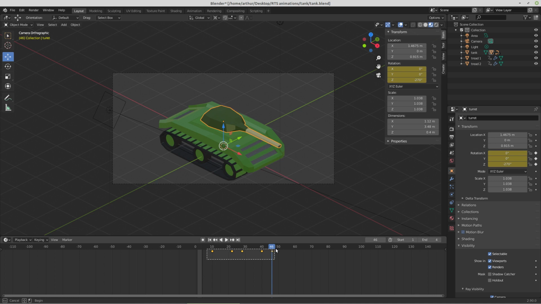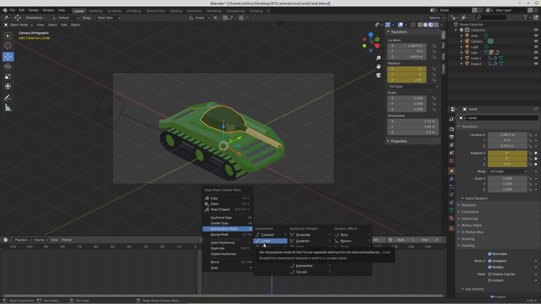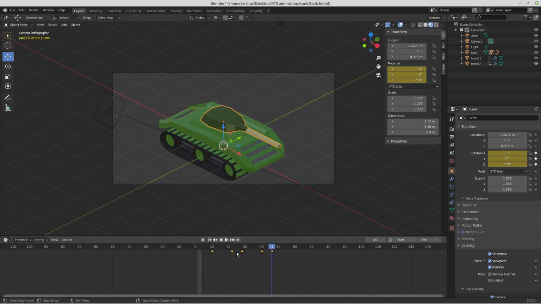Now we take these keyframes, select them all, and then change the interpolation mode to linear. Now it's notable that the actual motion doesn't break down that simple and round, and there is some visual inaccuracy along certain angles because the motion of a turret around this shape is not linear, and this is sort of a close enough way to create the animation.